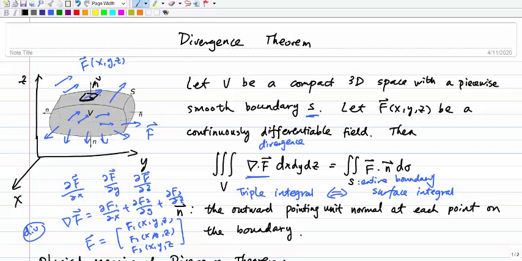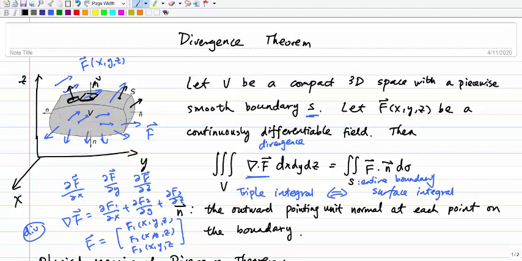So here it's going to point here, this is going to point here, this is going to point here, just perpendicular to the tangent surface. That's called the n vector.